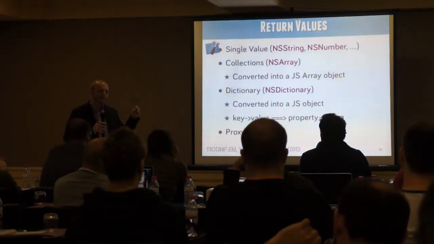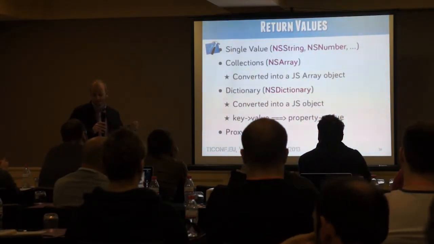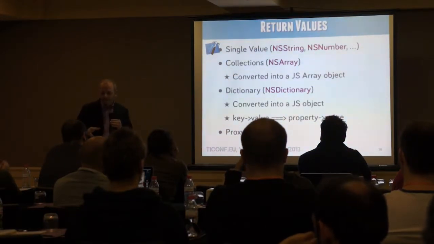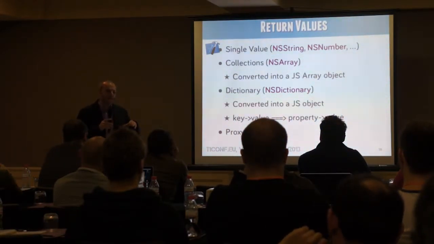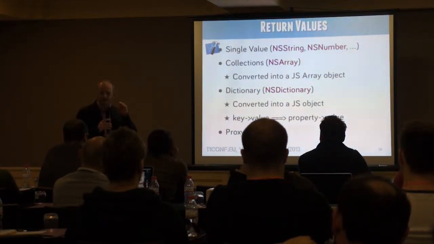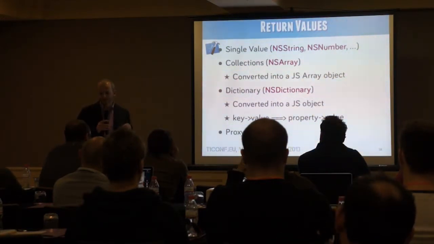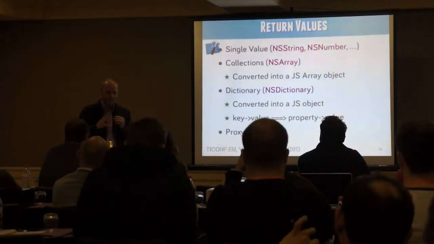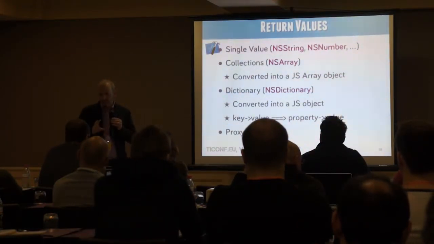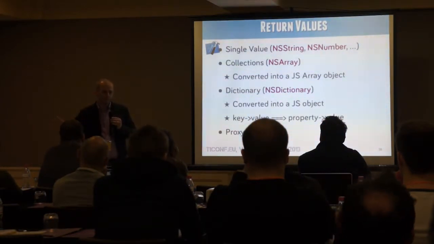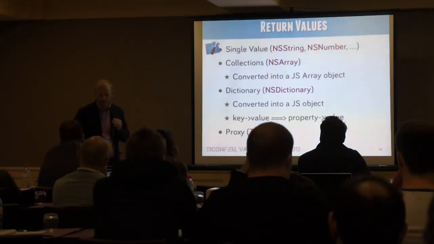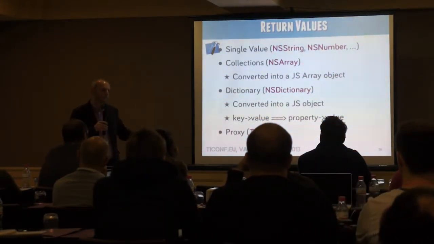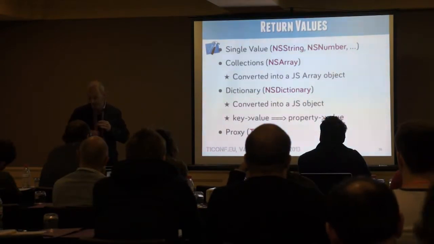When we are returning an array, we will be returning an NSArray, and so on. If we want to pass a complex object to JavaScript, generally we pass it as an NSDictionary, basically mapping our key-value associations to property-to-object associations in JavaScript, or in other cases we pass a proxy object.